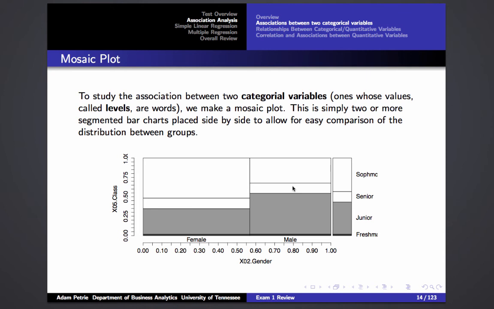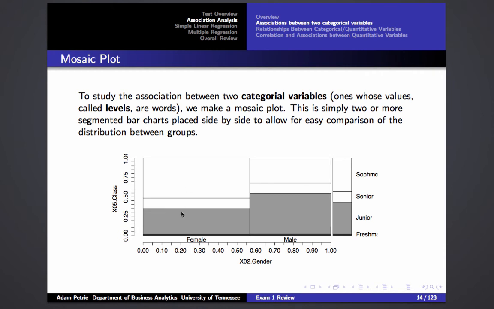The mosaic plot gives a segmented bar chart for each level of X. Remember, the segmented bar chart splits down the possible levels of Y, and the area of each segment is proportional to the frequency of that level. Here we're studying the association between class level (freshman, junior, senior, sophomore) and gender. Freshmen are the very dark bar, juniors are the dark gray bars, seniors are the bar right above that, and sophomores are the top bar.